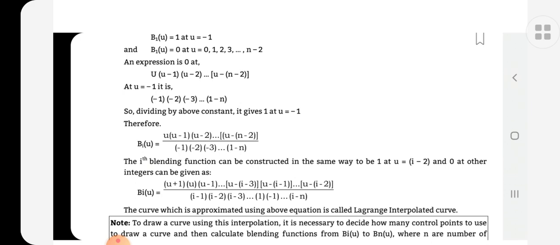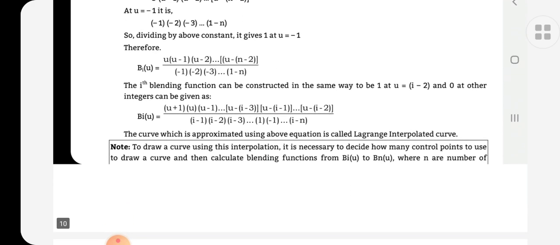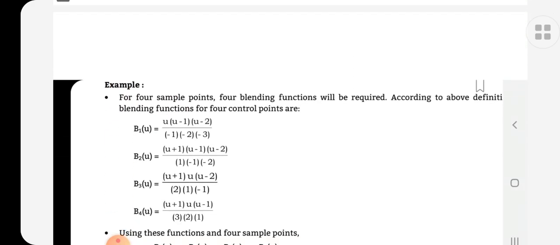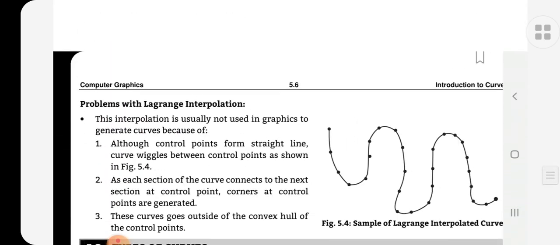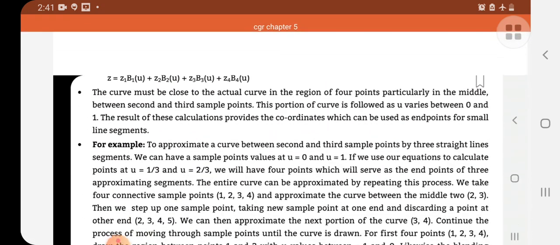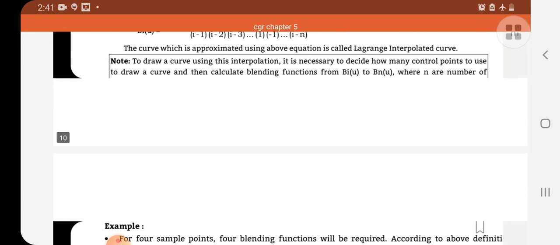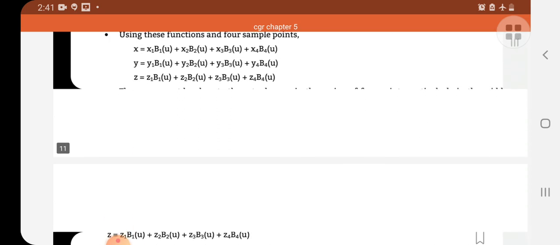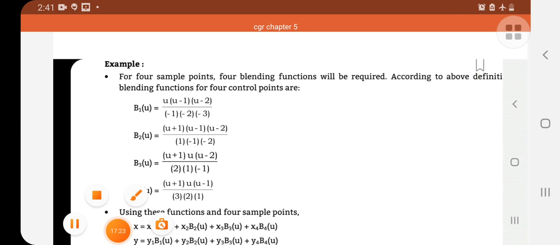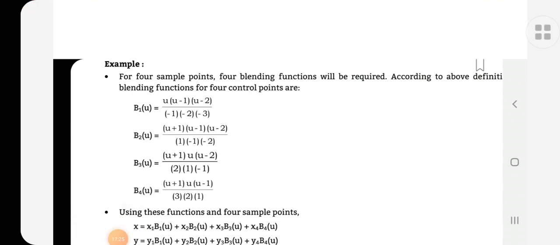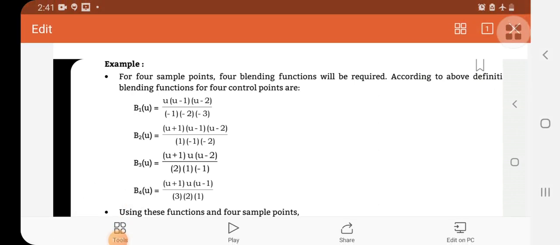After using this equation, the curve which is approximated using the above functions is called the Lagrange interpolated curve. For example, 4 sample points require 4 blending functions.